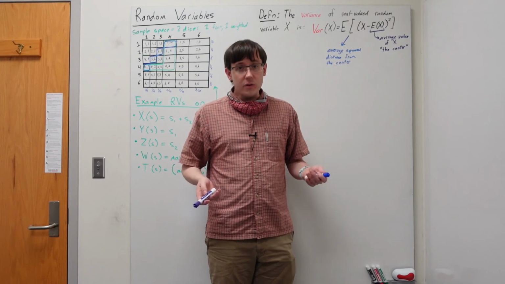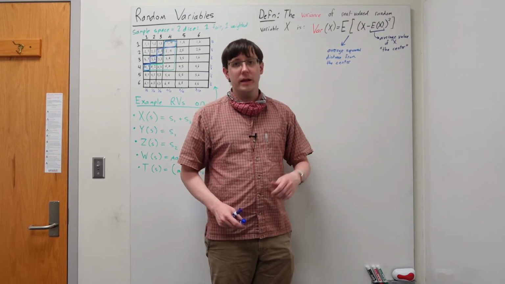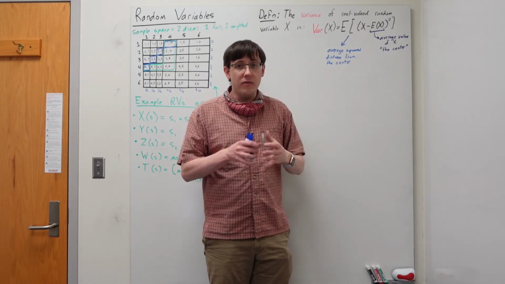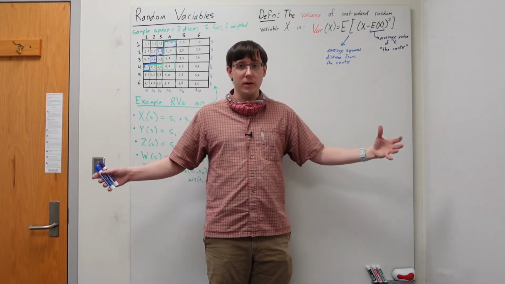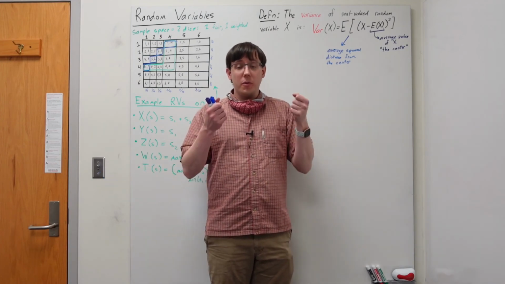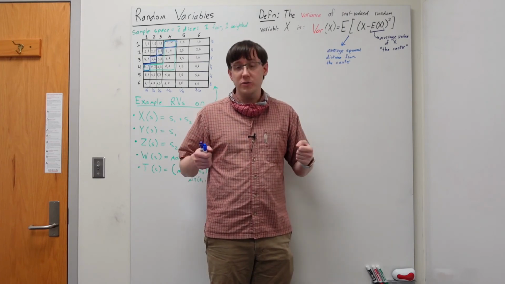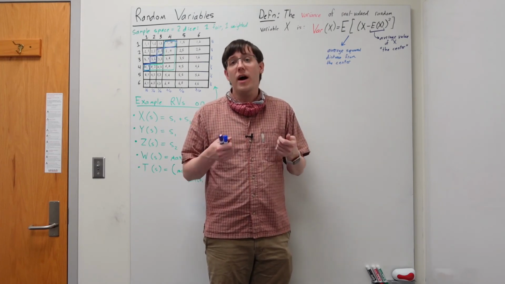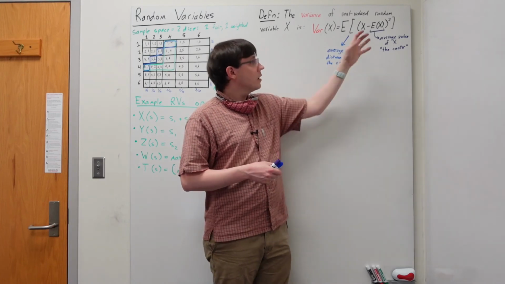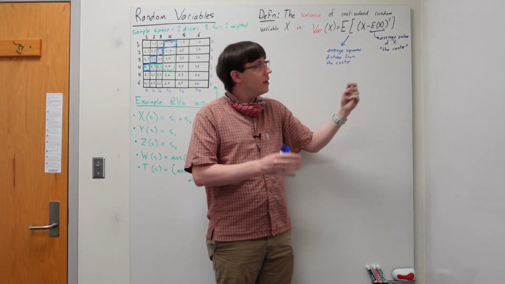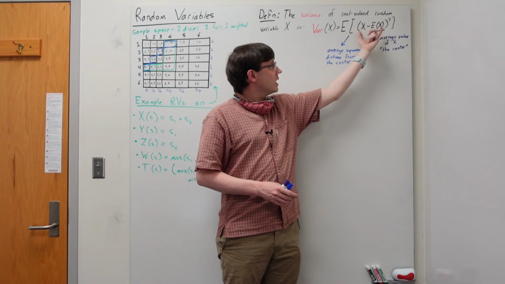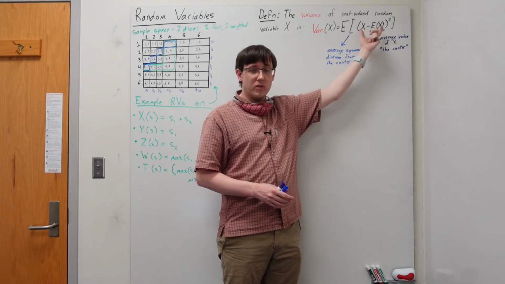So why is this useful? Well, it gives us a measure of how spread out the variable is. If most of the values that the variable can take on, or most of the ones that it takes on with high probability, are close to the center, then most of the time this difference will be small.